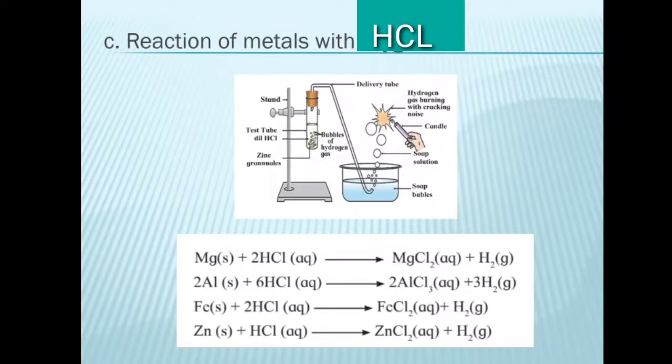Zinc plus hydrochloric acid giving you zinc chloride plus hydrogen gas is liberated. That means the conclusion of this is when metals react with acids, the respective chlorides are formed and hydrogen gas is liberated.